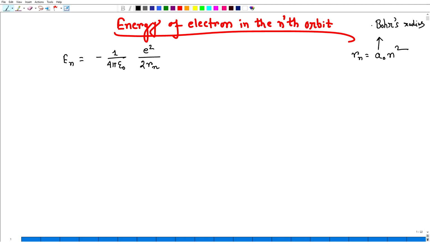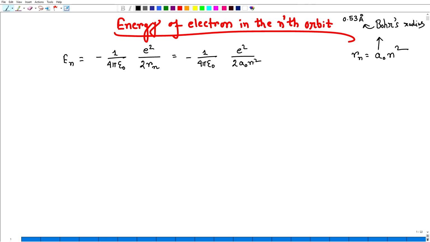The value is 0.53 Angstrom, correct? Now if we put it here, we can obtain this part. We have already done this in the last class, though I am doing it again so that we can make the continuation properly. So it is a naught n square. This is the general expression for the total energy of the electron revolving in the nth orbit.